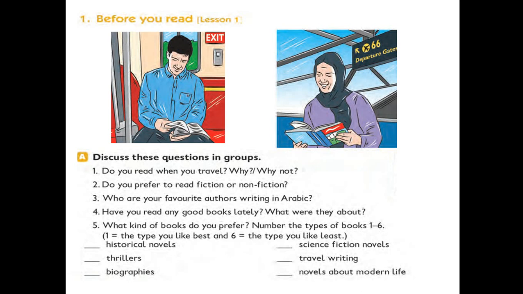So you have here some kinds of books. For example, if you like historical novels best, put number 1. Number 2, for example, travel writing, biographies, novels. It's up to you. These discussion questions depend on your opinions. Let's see the next thing.